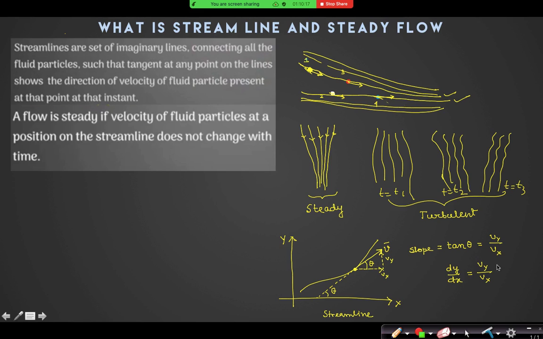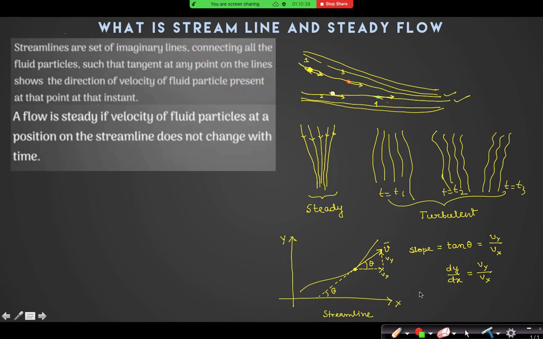If I say that Vy and Vx do not change with time, can I say that the shape of the streamline will not change with time? Yes, sir.